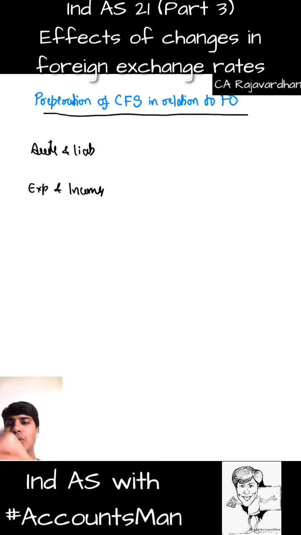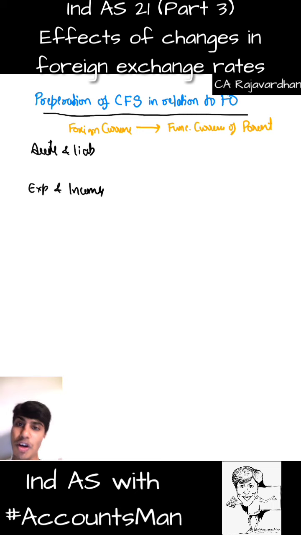So what will I do with respect to these items which are in foreign currency? They will be converted to the functional currency of the parent. When I say foreign currency, this is actually the functional currency of the foreign operation.